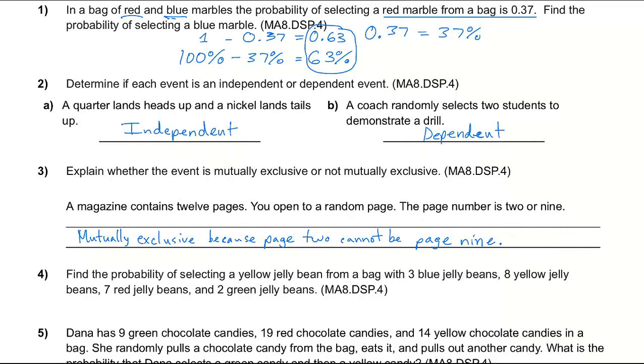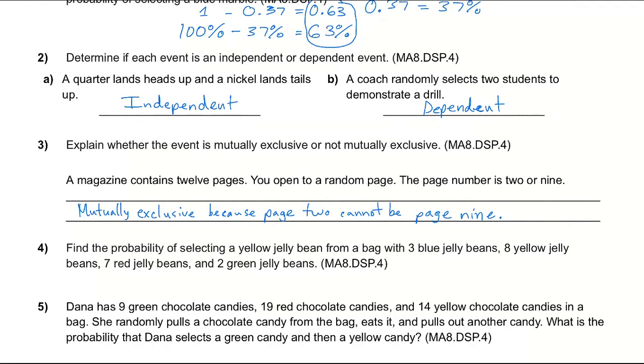Number 4, find the probability of selecting a yellow jelly bean from a bag with 3 blue jelly beans, 8 yellow jelly beans, 7 red jelly beans, and 2 green jelly beans. So we're going to do the probability of a yellow.